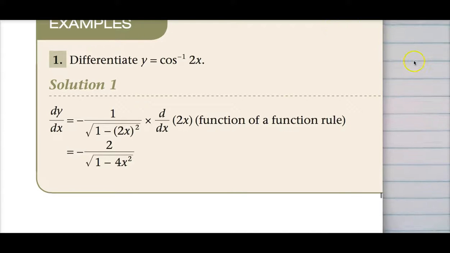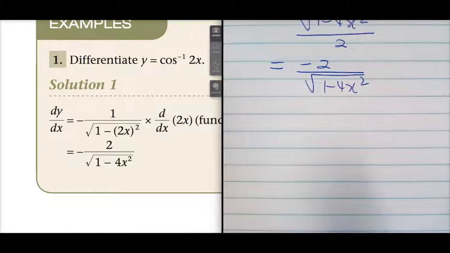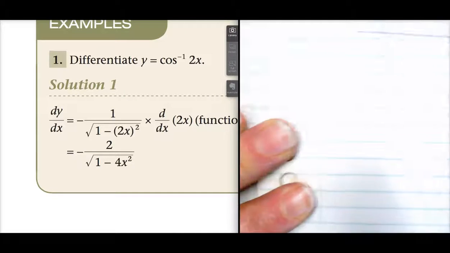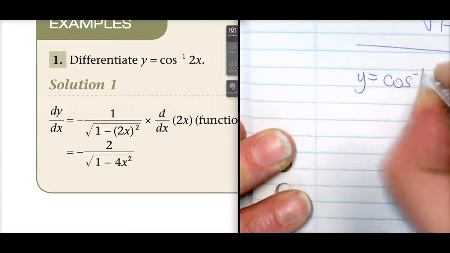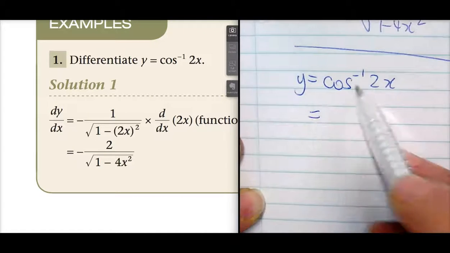So, much easier. You just put in, so this is what we're going to do. We're not doing that. We're doing this. Much easier. So, if y equals the inverse cos of 2x, I know what the rule is for differentiating that.